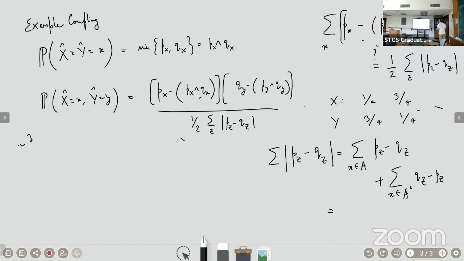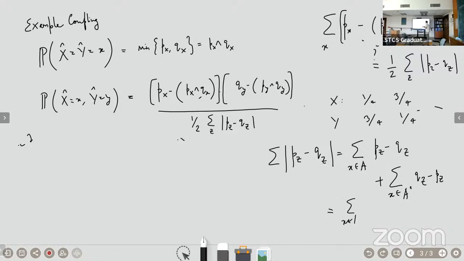What you really should think about is how to introduce this here: the mean of the two. Suppose I would separate it.